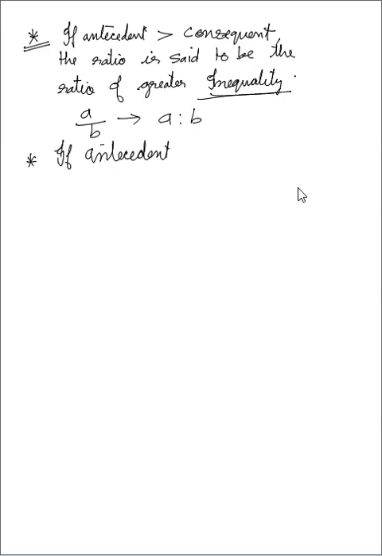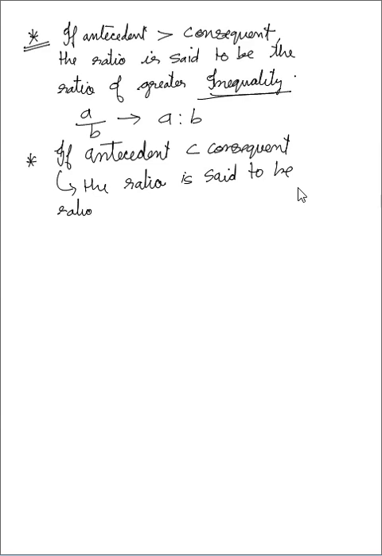Okay, same way, if antecedent is less than consequent, okay, so reverse case, then this ratio is said to be ratio of lesser inequality, here it is greater, here it is lesser inequality, right?